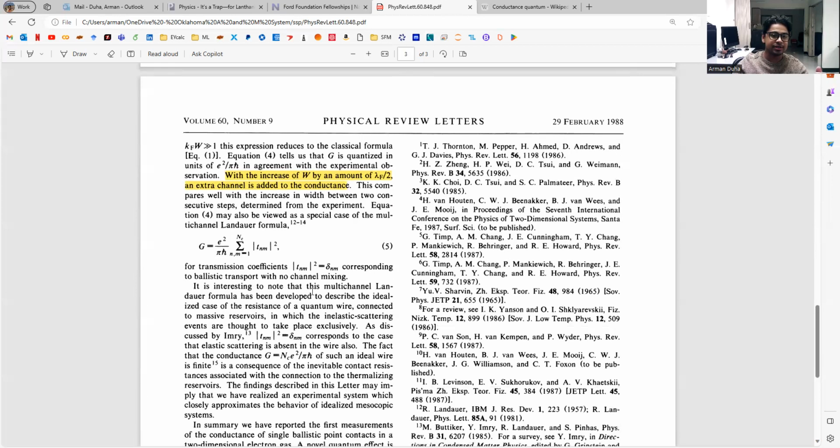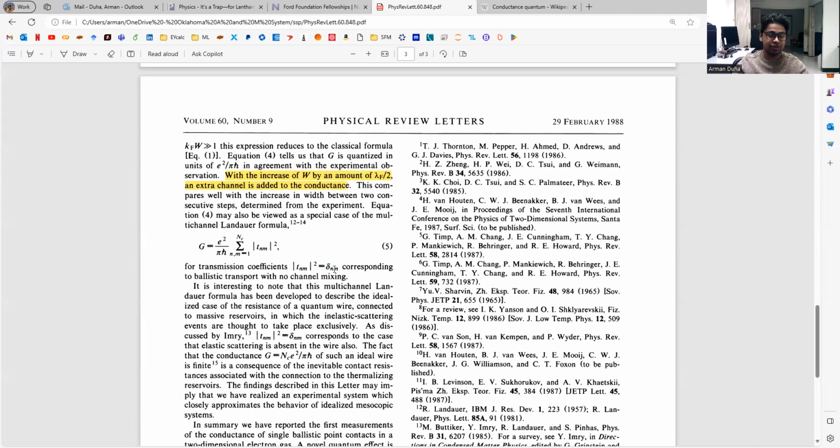They finished this with another formula, the Landauer formula that we learn. The Landauer formula is, as you can see, in equation 5. There's a curious term here, the modulus squared of t_nm. This is the transmission coefficient. In other words, this is related to the probability of transmission. Now, for ballistic transport, this is always 1 or 0.